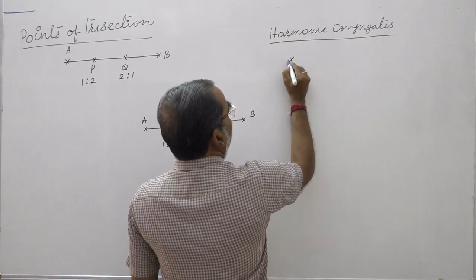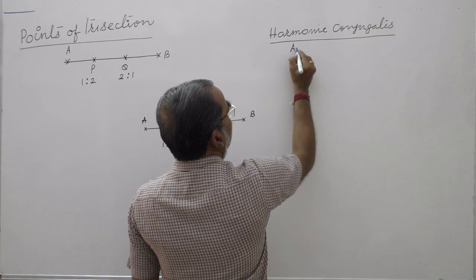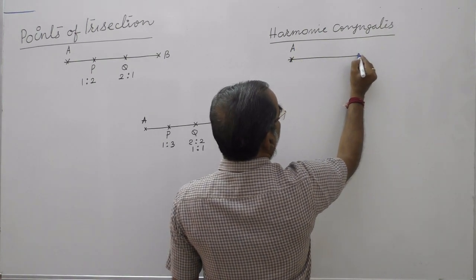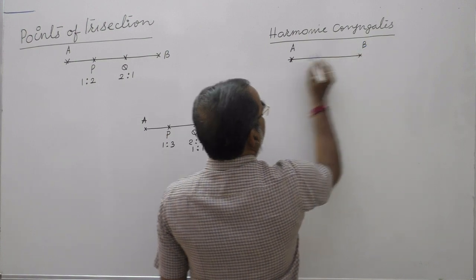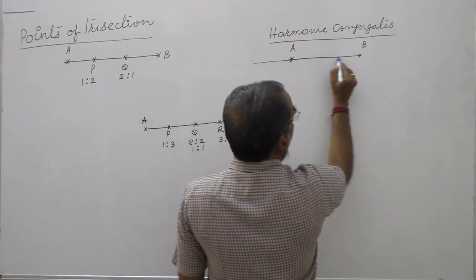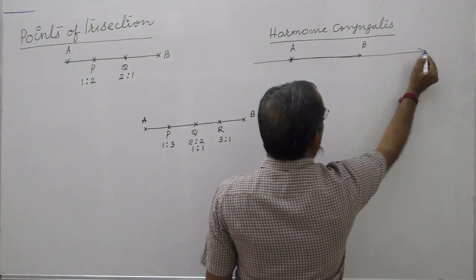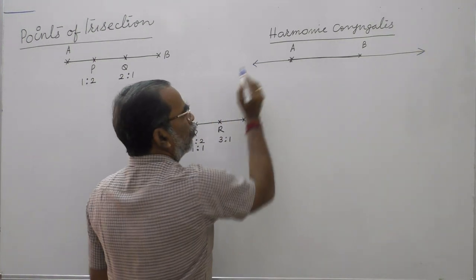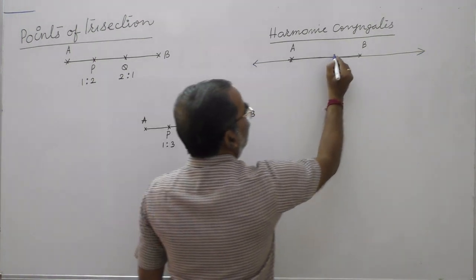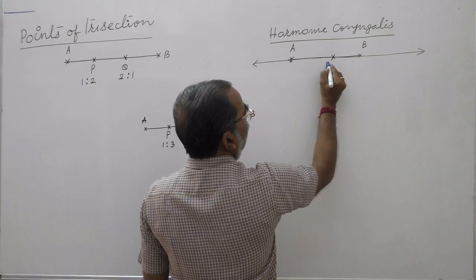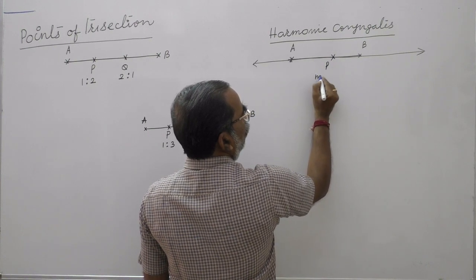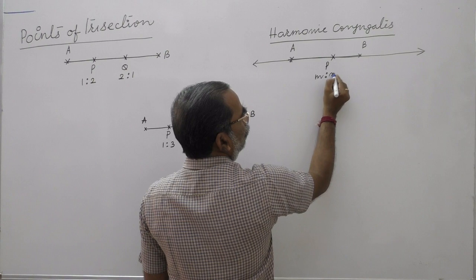See now, for example, this AB is a line segment. Line segment means a finite portion of a line. Say capital P is a point which is dividing AB in the ratio m is to n.